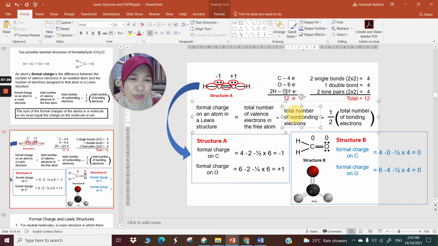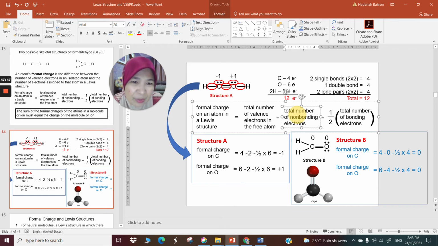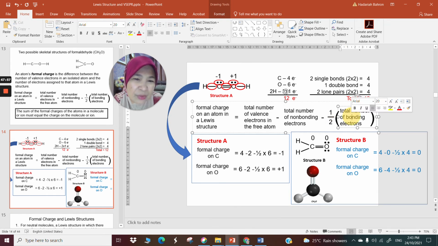Total number of non-bonding electrons: non-bonding electrons are lone pairs. In the Lewis structure you have drawn, on carbon there is one lone pair, which is 2 electrons. So the number of non-bonding electrons is 2. So 4 minus 2 minus half of the total number of bonding electrons.